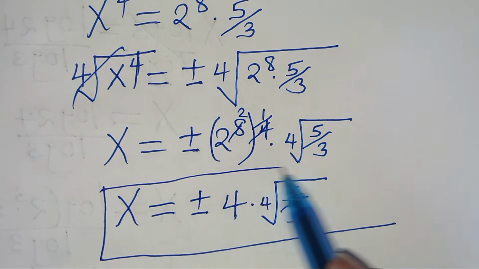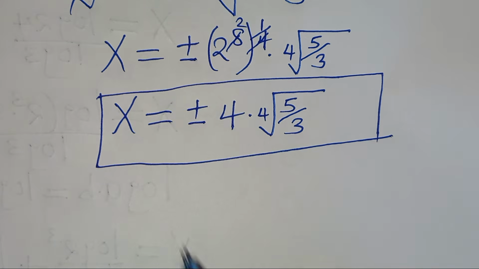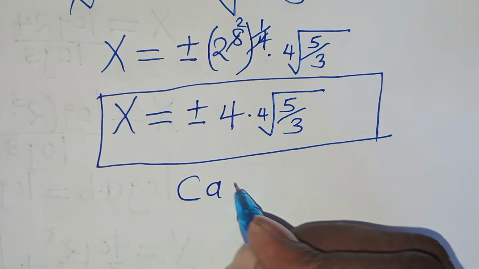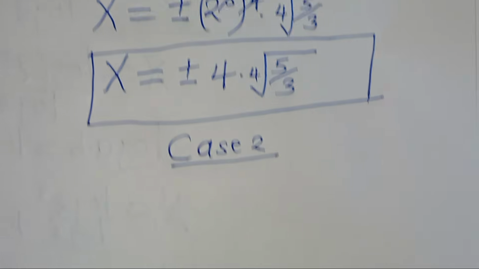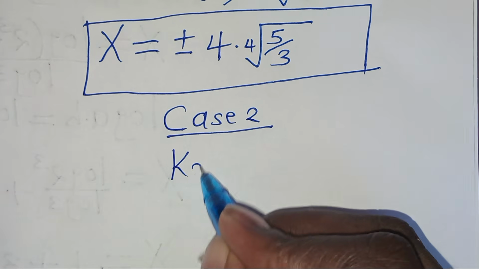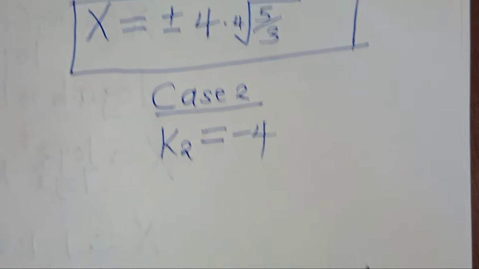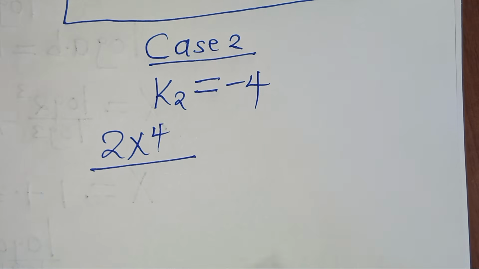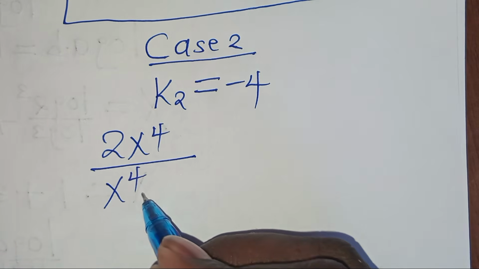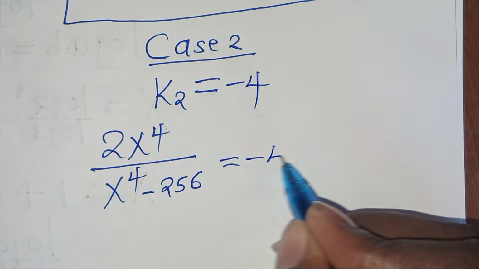This is the value of x in case 1. Now let's proceed to case 2. Now in case 2, we have k2, this is equal to negative 4. And we have that 2x to the power of 4 divided by x to the power of 4 minus 256 is equal to negative 4.